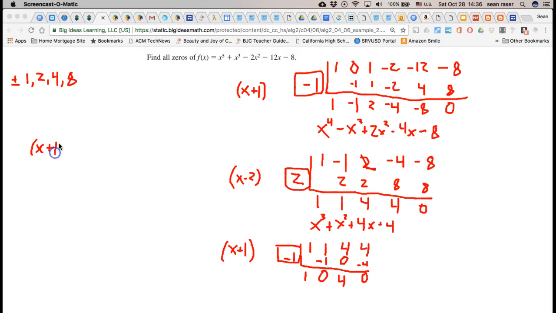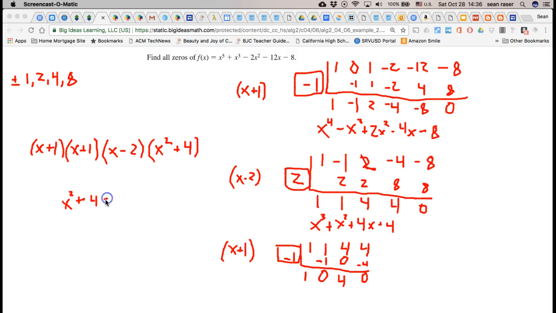We've got x plus 1 times x plus 1 times x minus 2, and then our last term is x squared plus 4. To get our other solutions, we have to solve x squared plus 4 by setting it equal to 0.